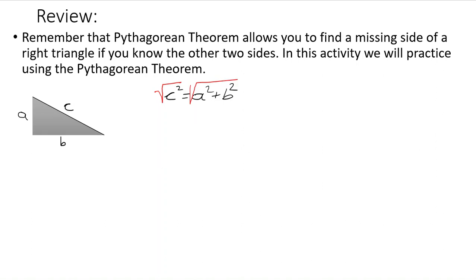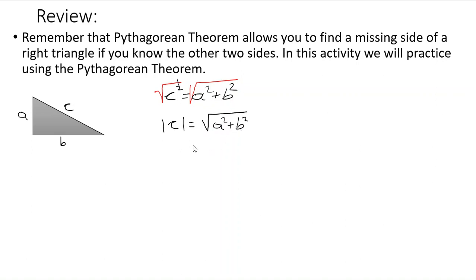So the square root and the square basically cancel each other out. So we get the absolute value of c. I'm using absolute value because distance must always be positive. So that's going to be equal to the square root of a squared plus b squared.